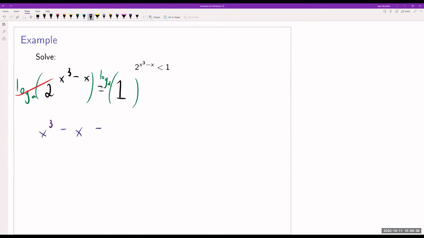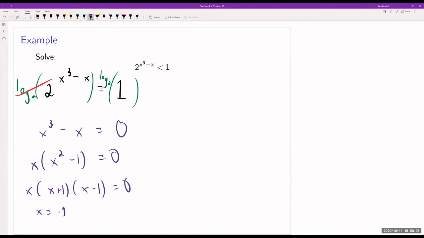On the right-hand side, log base 2 of 1, well, log anything of 1 is always going to end up being 0, because it is asking ourselves 2 to what power is equal to 1, and 2 to the 0 is equal to 1. We can factor and solve this quite quickly. x squared minus 1, which gives us x plus 1, x minus 1, which means x is equal to negative 1, 0, or 1. We will put these numbers on our number line.